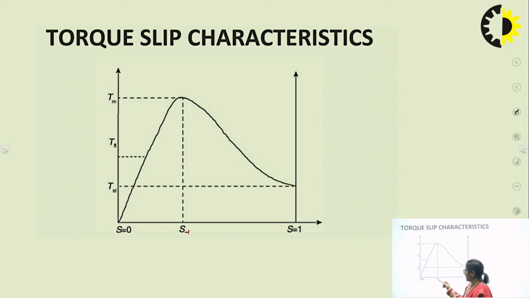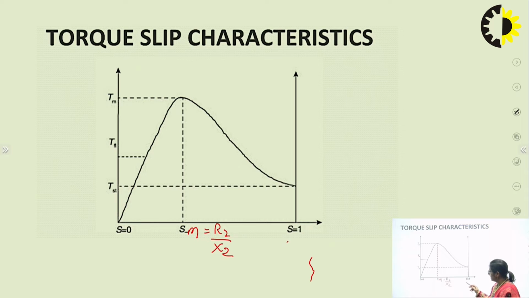This is Sm, the slip at maximum torque, which is given by the ratio of rotor resistance to rotor reactance. Here, the slip is 0. Here, this is the slip at maximum torque, referring to the maximum torque. This is the starting torque, where the slip is equal to 1.